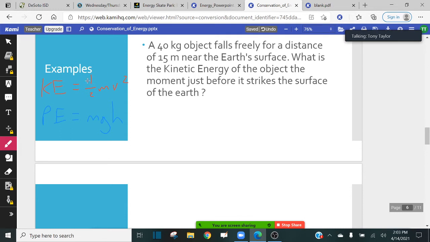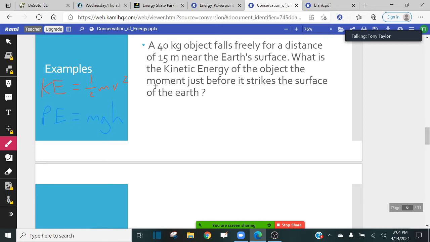Now, if you look at this equation, in order to calculate kinetic energy, we are going to need to know the object's velocity. However, they don't give us the velocity anywhere in the problem. So we just can't use the kinetic energy equation here.